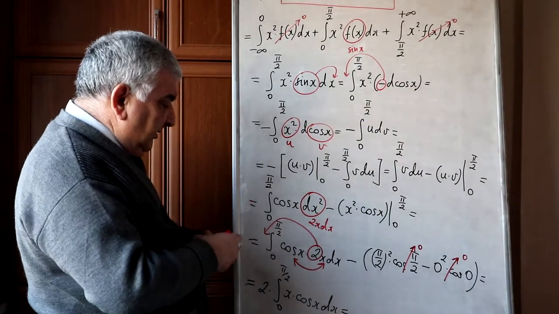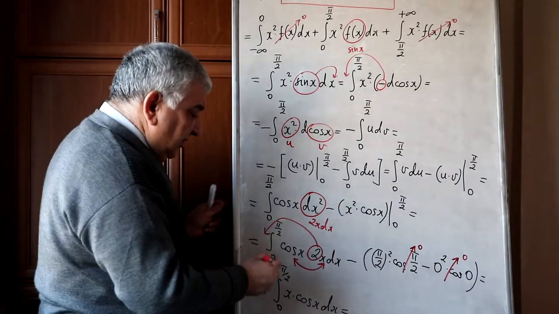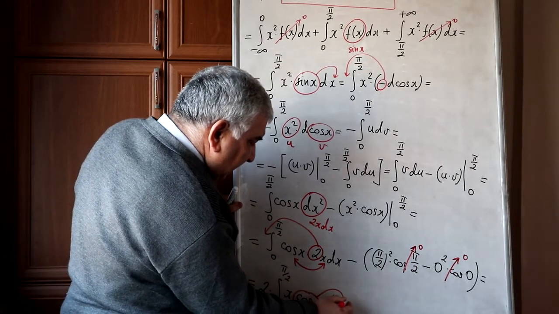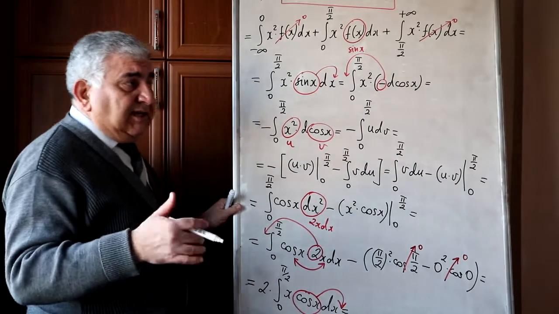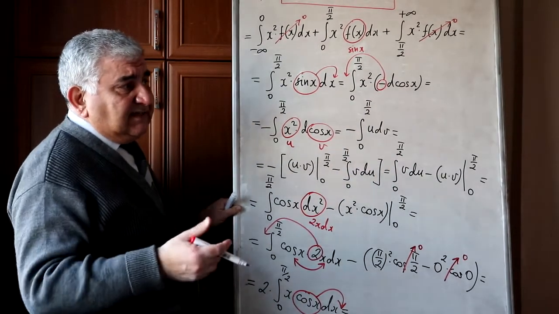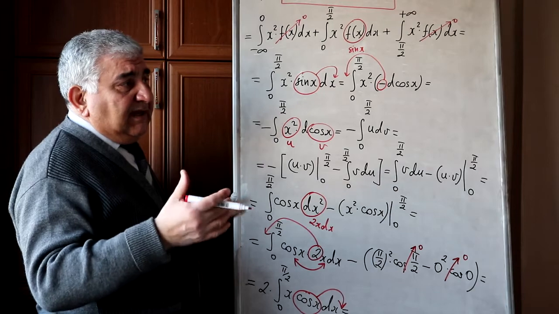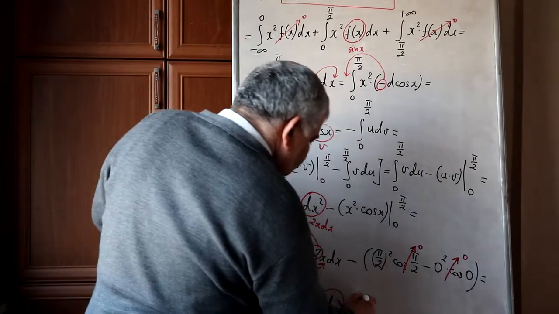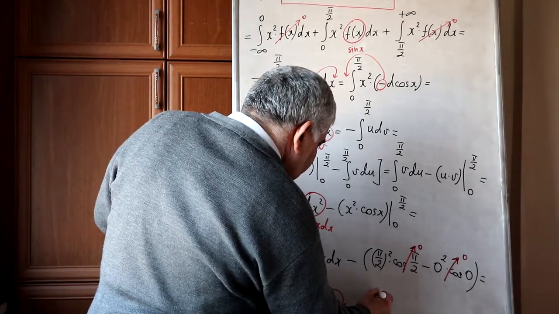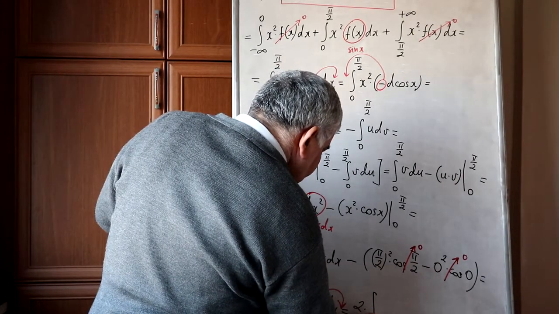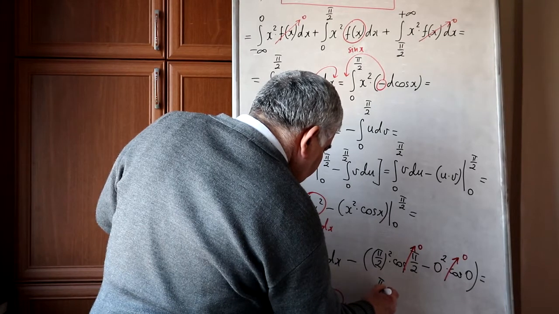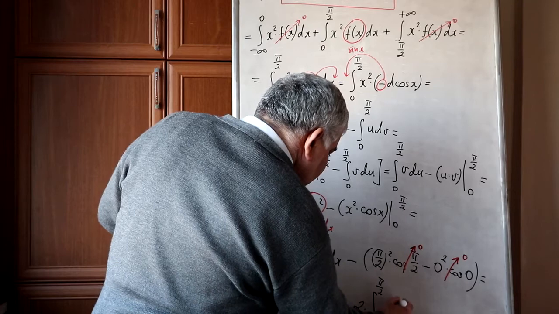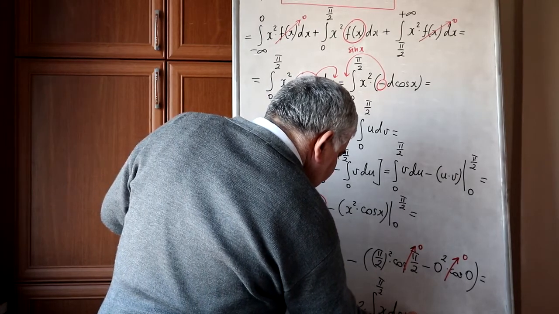For this we must introduce cosine x into the differential sign, and you know that cosine x dx is a d sine x. It is a formula of anti-differential, and 2 multiplied by integral from 0 to pi and a half x multiplied by d sine x.